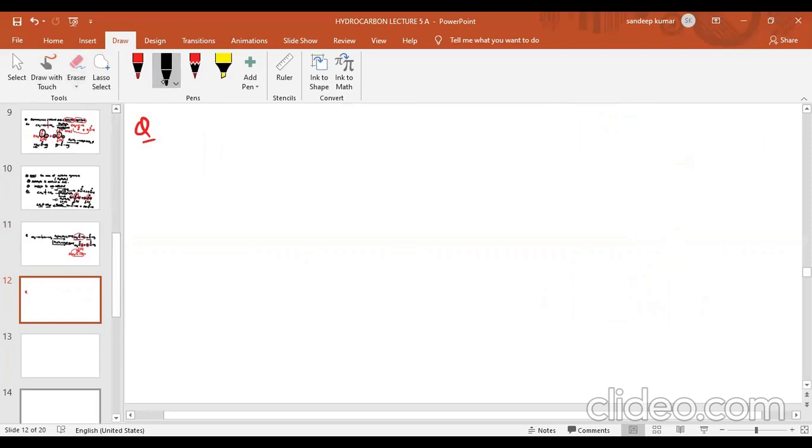So cyclobutene is given like this. This is cyclobutene and the ozonolysis is in presence of O3 and H2O2 only. When there is O3 and H2O2 only, it means this is oxidative ozonolysis.